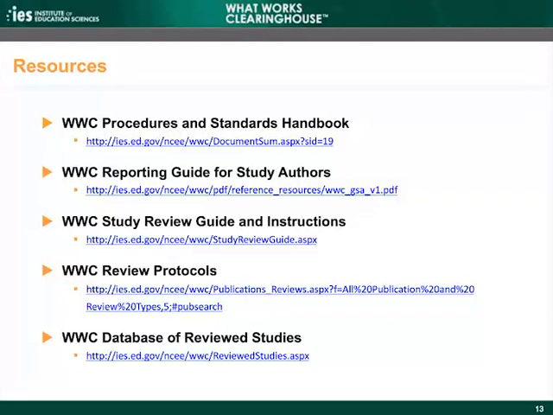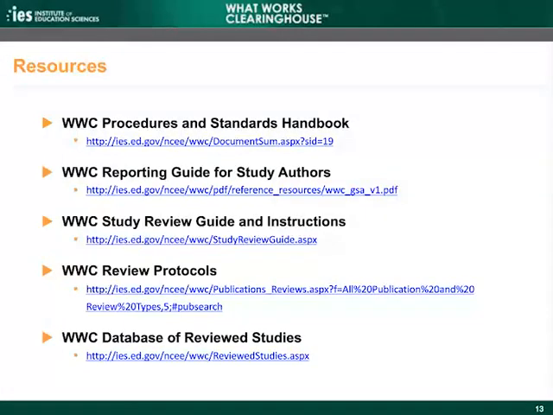That's a good question. So there are several different ways that we identify studies, and those ways depend on the type of product that we're talking about. For our main products, our intervention reports, we identify interventions that we want to conduct a review on, and then we do a systematic, comprehensive review of all of the literature we can find on that intervention.